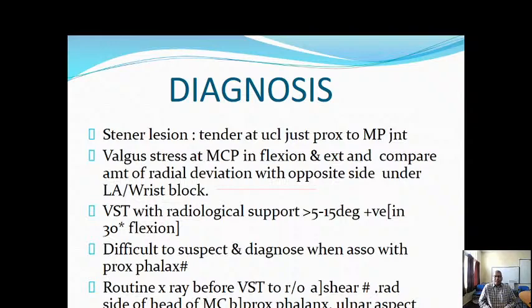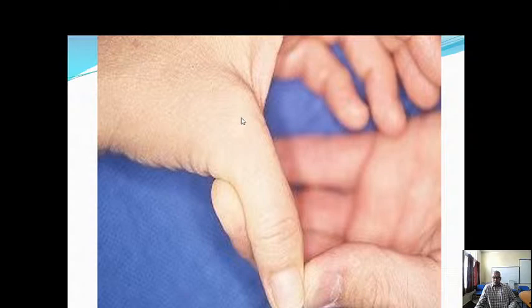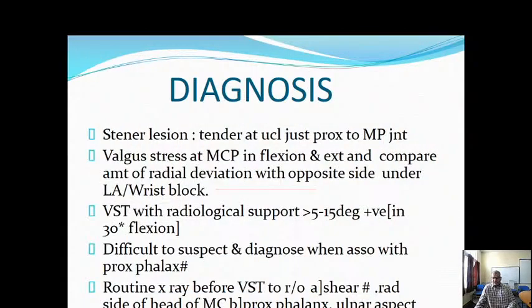A routine X-ray should be taken before the valgus stress test, to rule out any shear fracture of the radial side of the head of the metacarpal and the proximal phalanx.